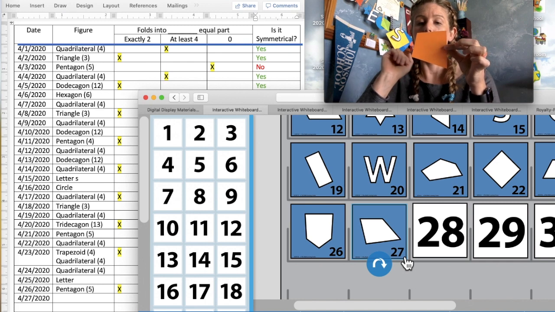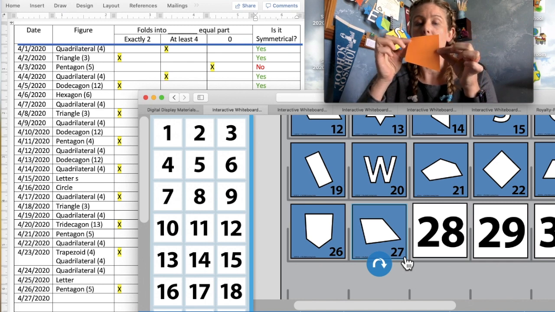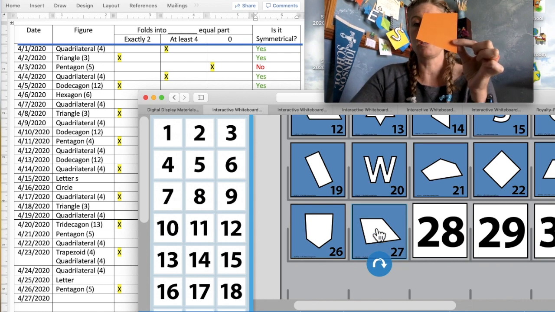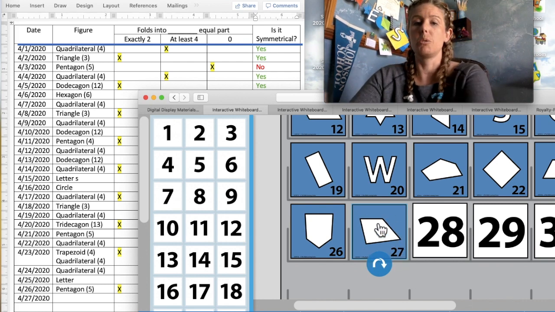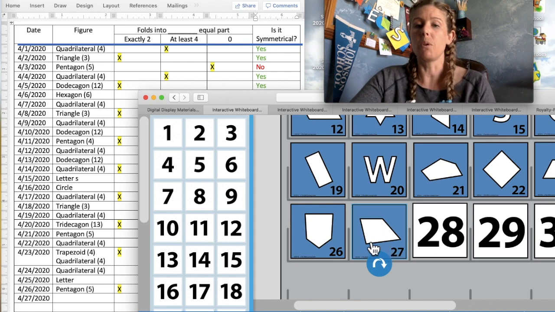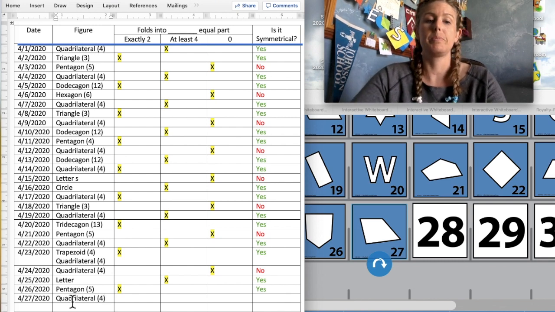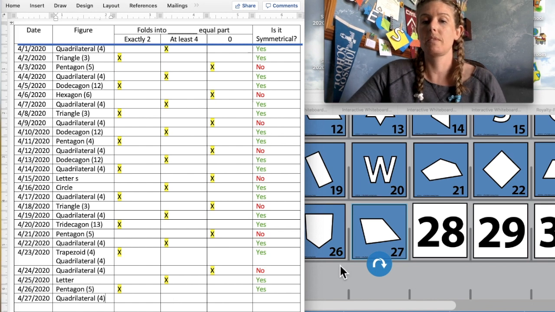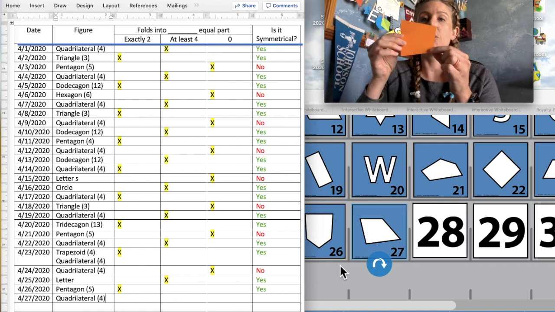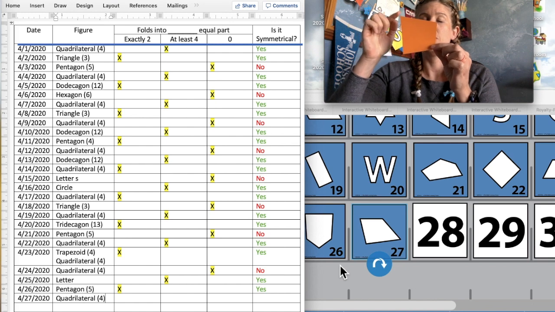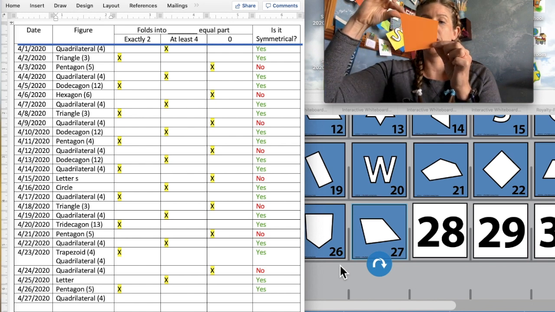There it is. And now we want to know if we can fold it. So I want you to think, by looking over here on the 27th, can we fold this into equal parts? And I'm going to go ahead and write quadrilateral down. Okay, so let's try folding. Let's do our point here to this other side point.